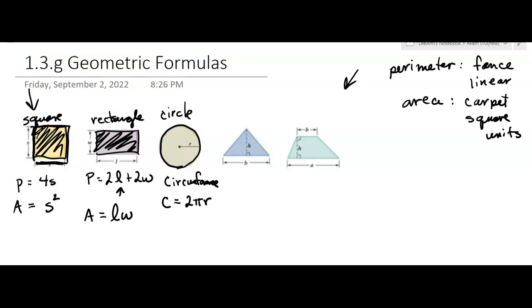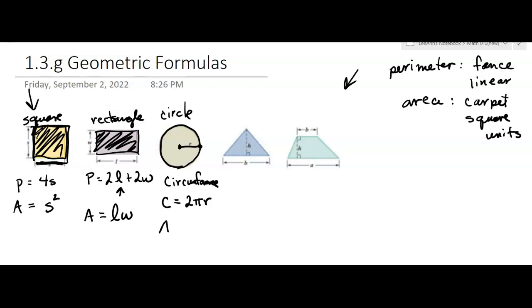So if you want to figure out how much crust you have around your round pizza, if you know the radius of the pizza, and the radius is measured from the center of the circle to the edge, then you take that times 2 pi and you'll know how much crust you have on your pizza, or fence around your pool. Okay, so that is the circumference. It's like the perimeter of a circle, but just gets a special name.